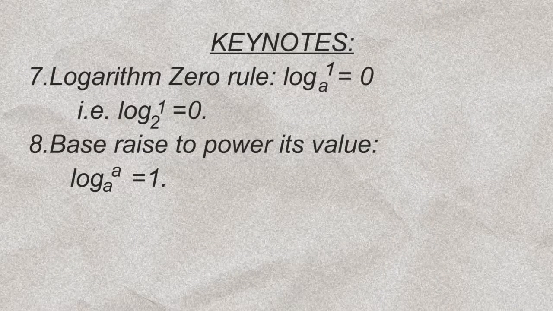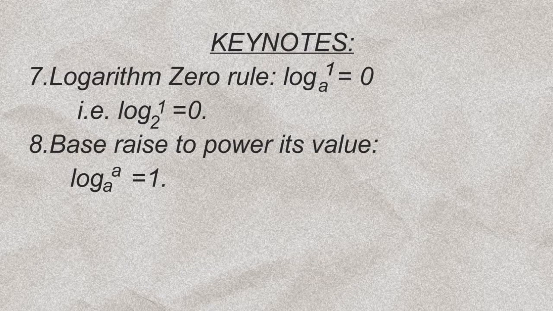Now the seventh keynote says logarithm zero rule. When we have a log of 1 base a, it is equal to 0, or we can say a log of 1 base 2 is equal to 0. It's similar to the law of indices that says anything raised to power 0 is equal to 1.